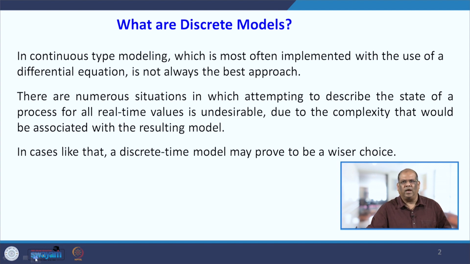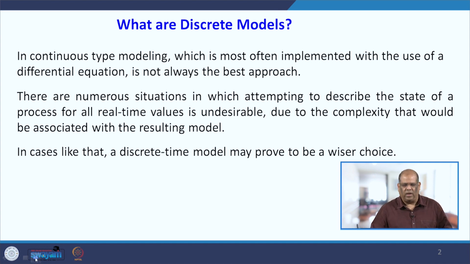So, in such cases we avoid the continuous one and switch to discrete models. Sometimes, due to the complexity of the model, we avoid the continuous one. Obviously, it depends from model to model, and then we use this discrete time mathematical model.